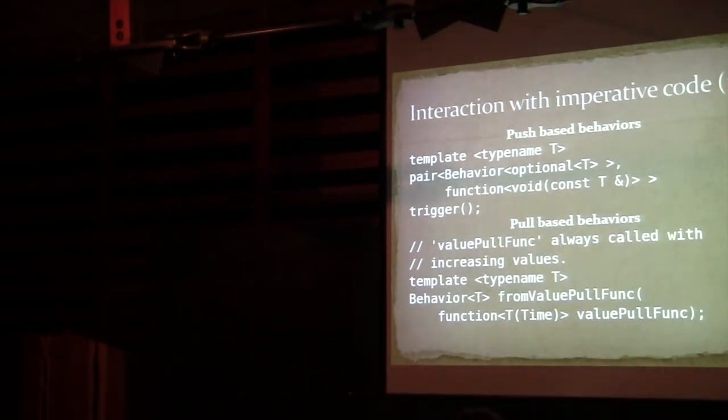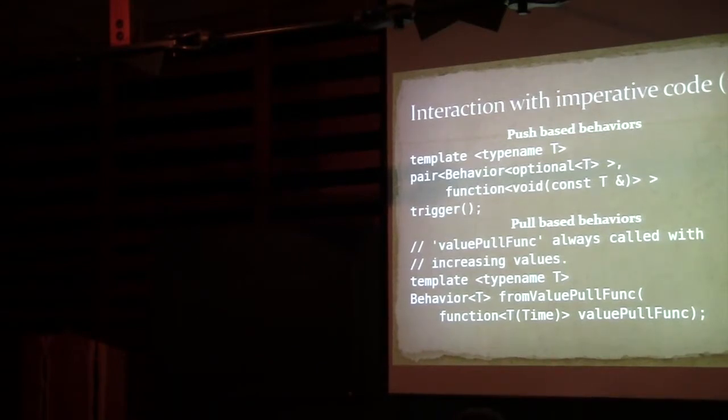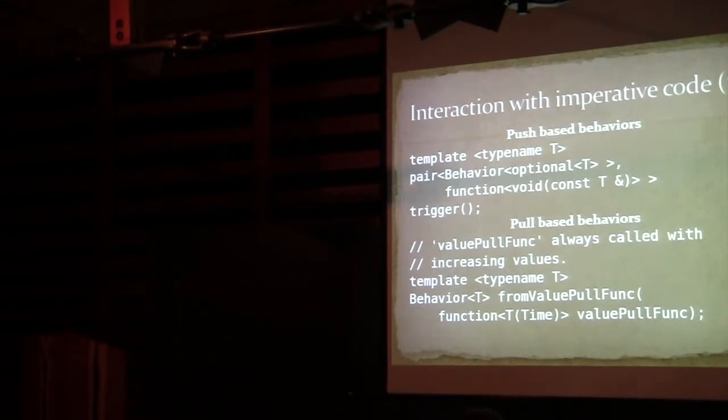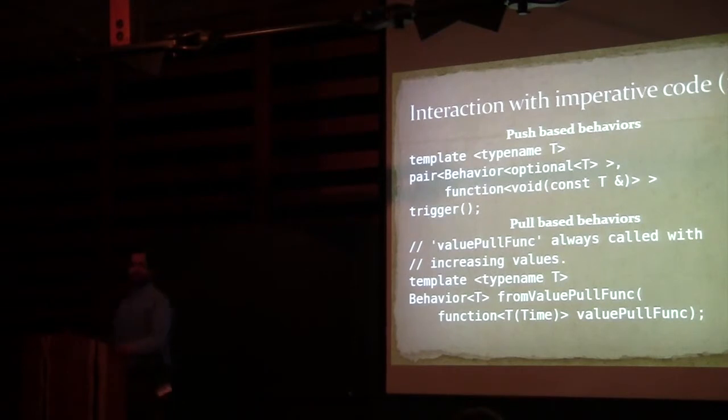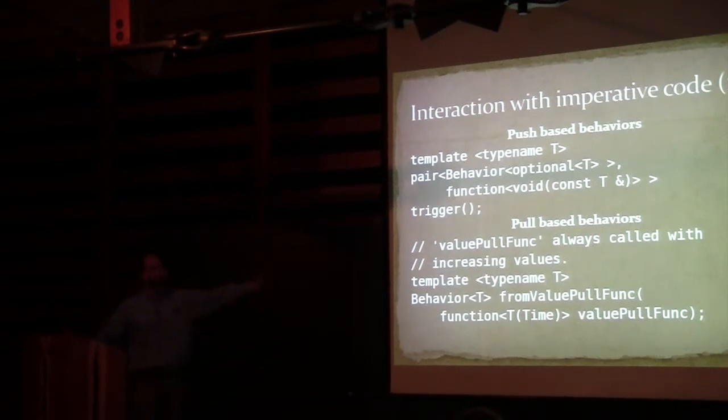So as this guy's writing, the behavior over here going like this, doing the trigger is basically like slapping him in the face, right? That's what a push-based behavior is like. You just, bam, give me an event at this point in time.